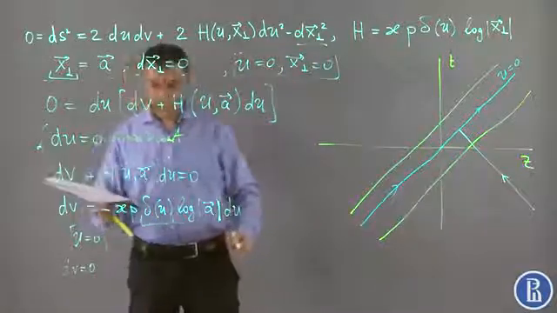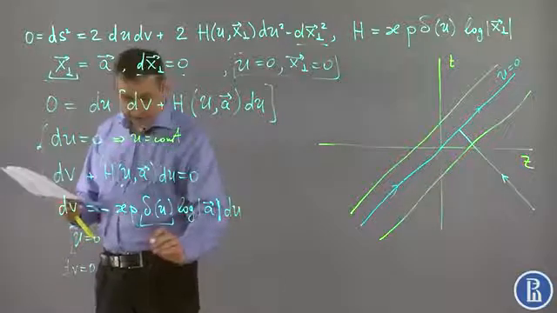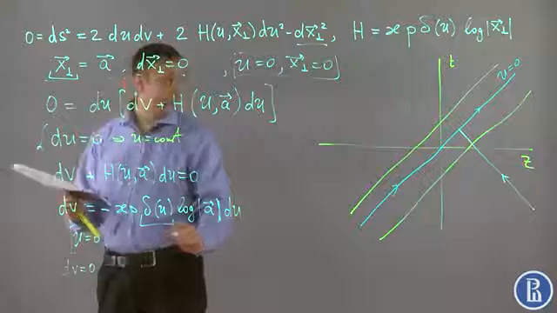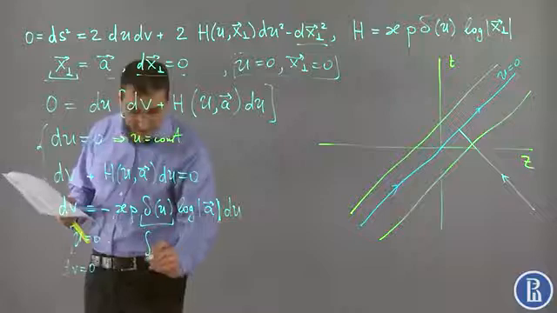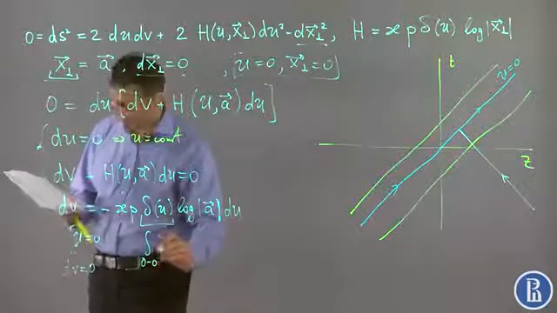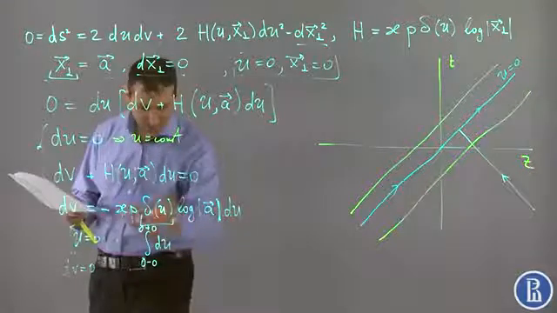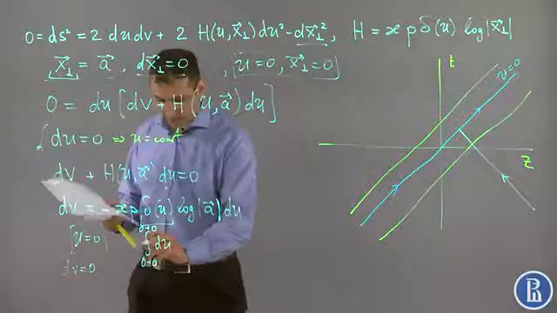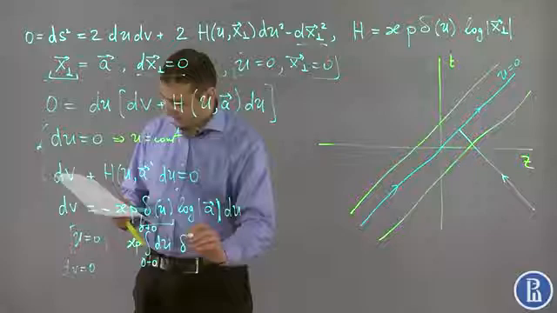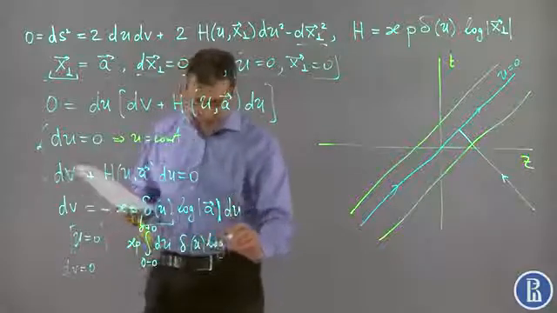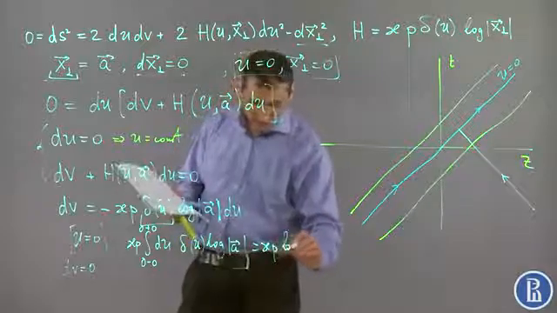Then, at u equals to 0, the particle experiences the shift along the v direction, because the integral of this from 0 minus to 0 plus over du, the integral of this expression kappa p delta of u log of a, is just kappa p log of a.